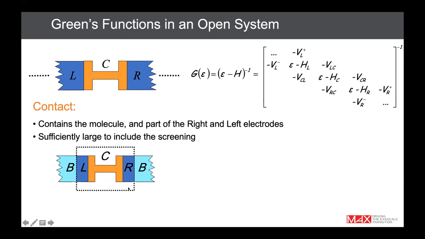So you take into account only this small section of space, and you assume that on the right and the left, what you are left with is purely bulk electrodes. So here the electronic structure and the Hamiltonian will be the same as the bulk electrode. You can do that if this contour is deep enough into the bulk of the electrode.